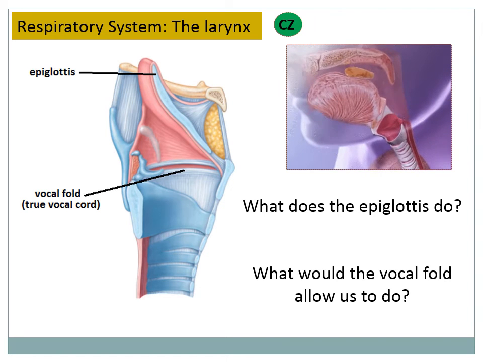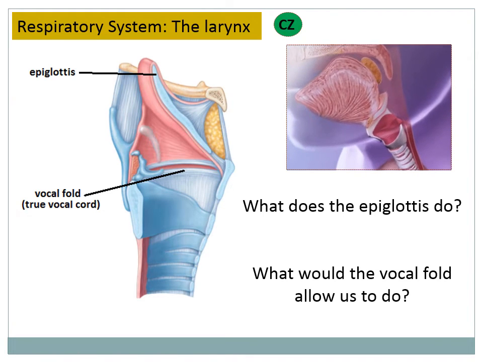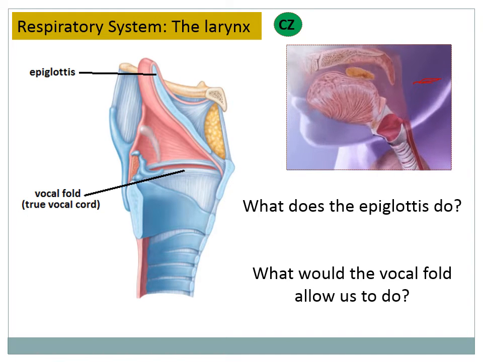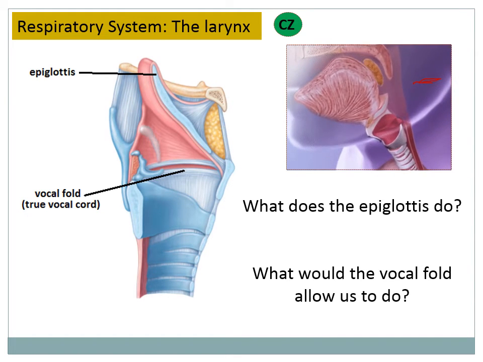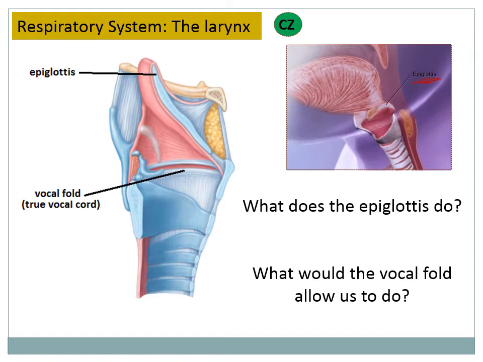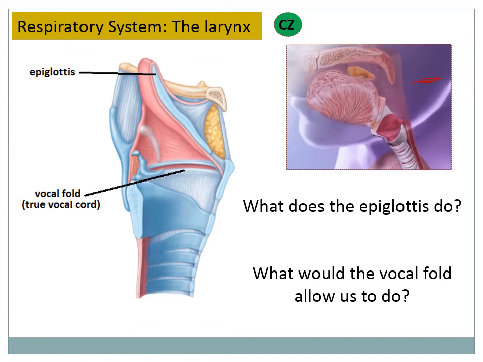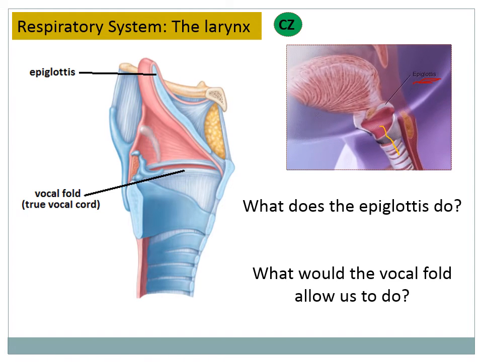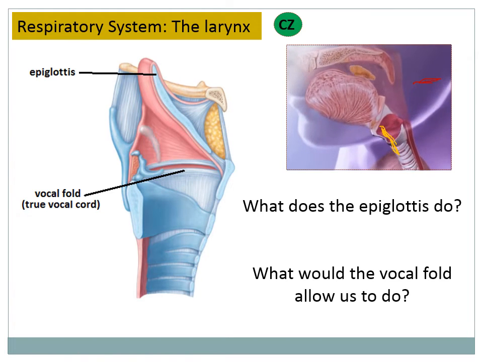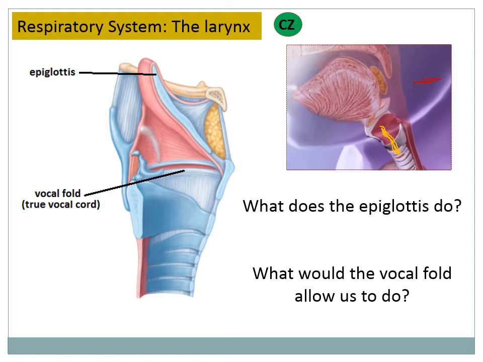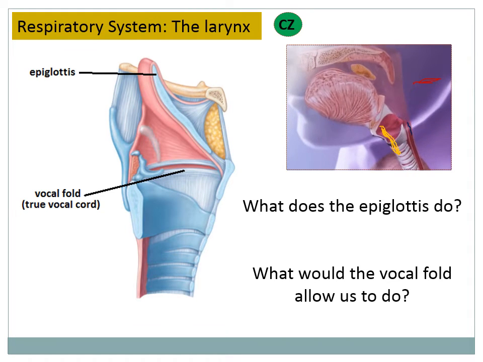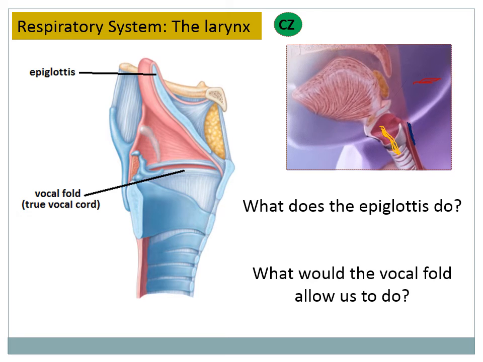If you look over at this picture to the right, we can see that the epiglottis is labeled here. This person in this picture is swallowing. As they're swallowing, we can see that this yellow structure here is going to be the trachea, and this blue structure in back is going to be the esophagus.